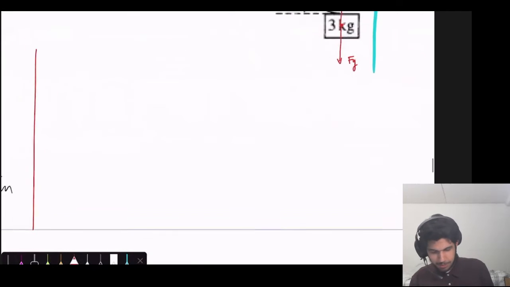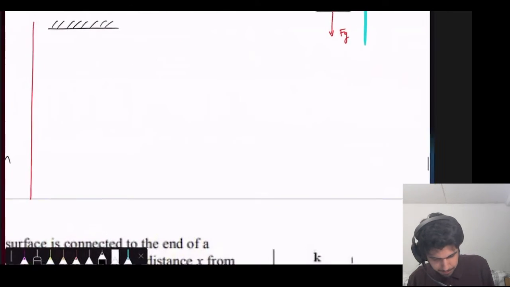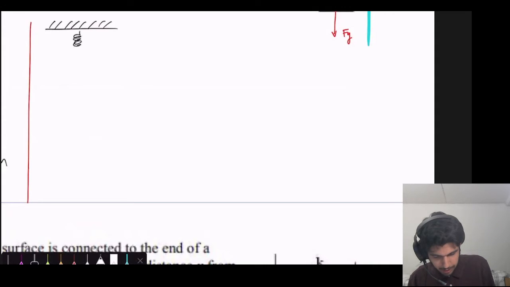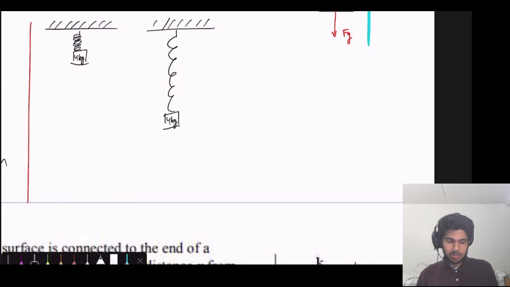So I'm going to redraw the picture here, and you're going to have to excuse my horrible art skills. So we have the ceiling here. We have the spring, and this is 4 kilograms. That's its initial position. And then we let it drop, and then the spring stretches out until we get down here. And that's where the block changes its direction.